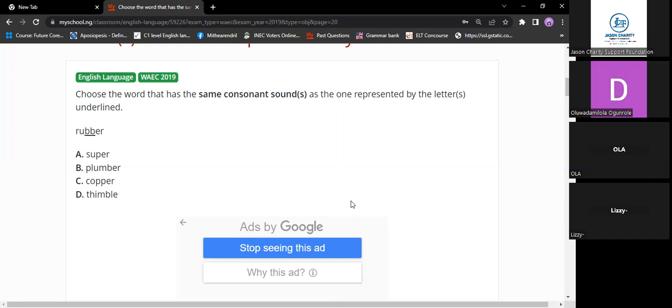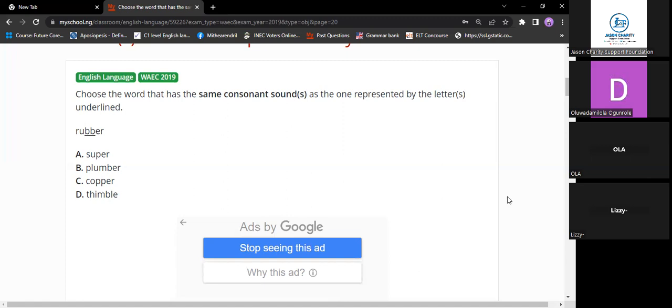But if you are identifying a letter, the letter will be pronounced. If you are to spell a word, you call out the letters. If you are to pronounce a word, you pronounce the sounds. That is one thing I want you to put to mind in today's class.